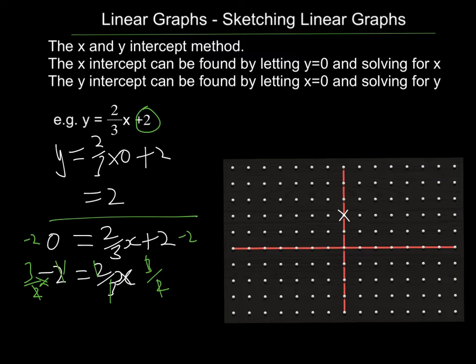So that leaves me with minus 3 on this side, because minus 1 times 3 is minus 3, and that equals x. So minus 3 for x is over here, and I just need to sketch it. And there is the graph.